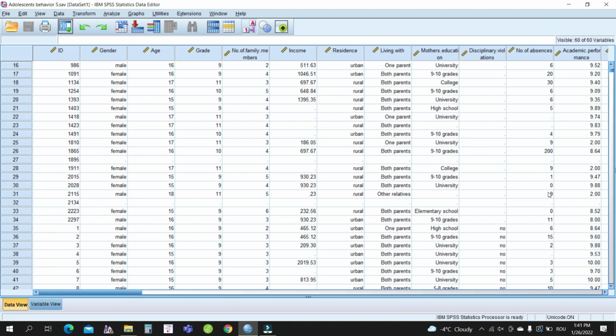Based on the cutoff point, we can determine whether a person with a certain score belongs to one category or another. For example, in our database, adolescents with and without disciplinary violations.